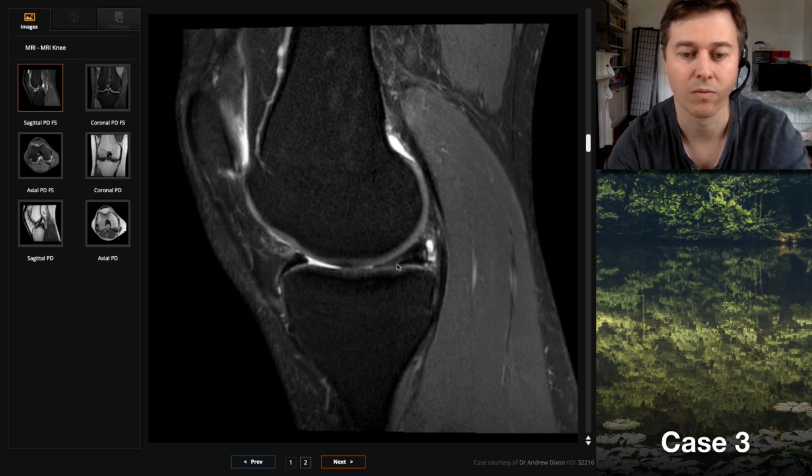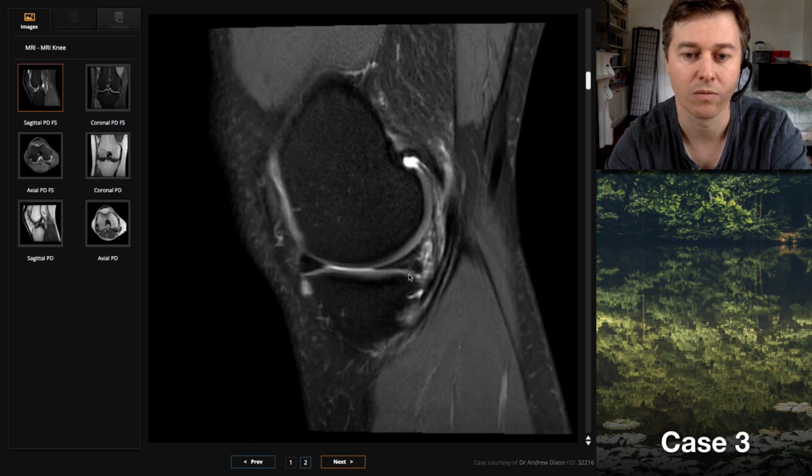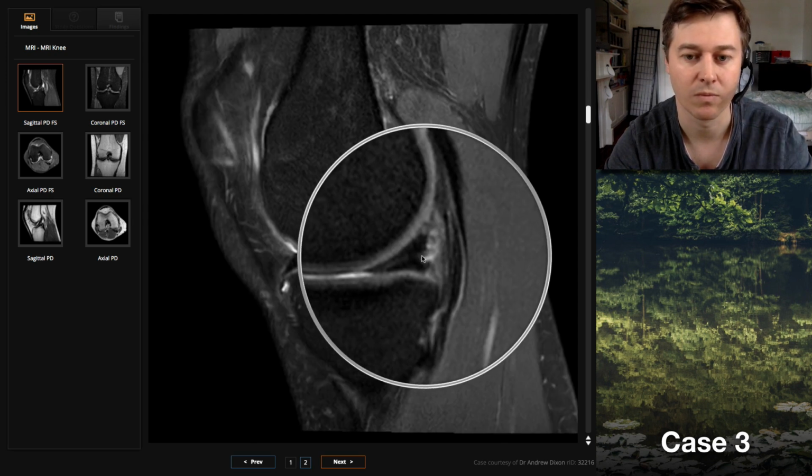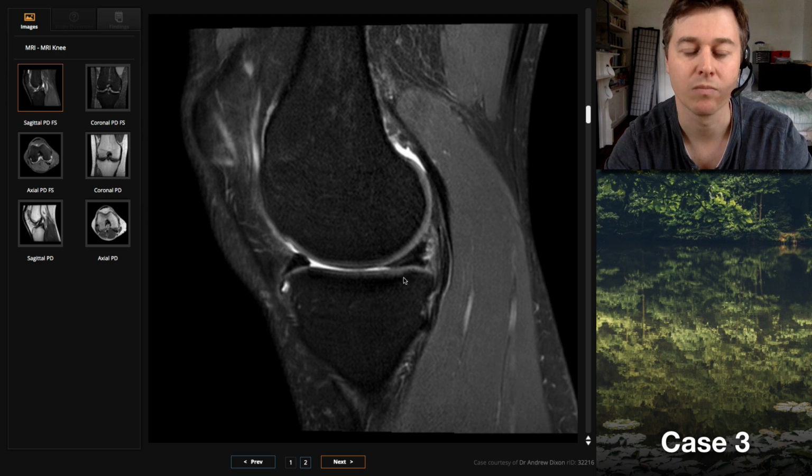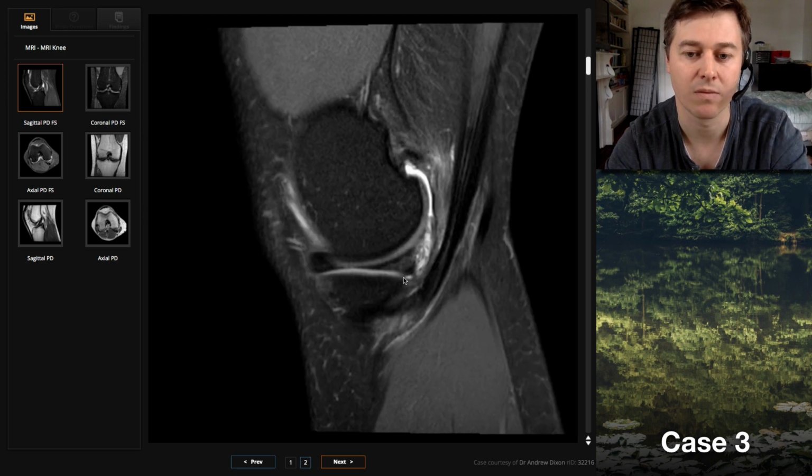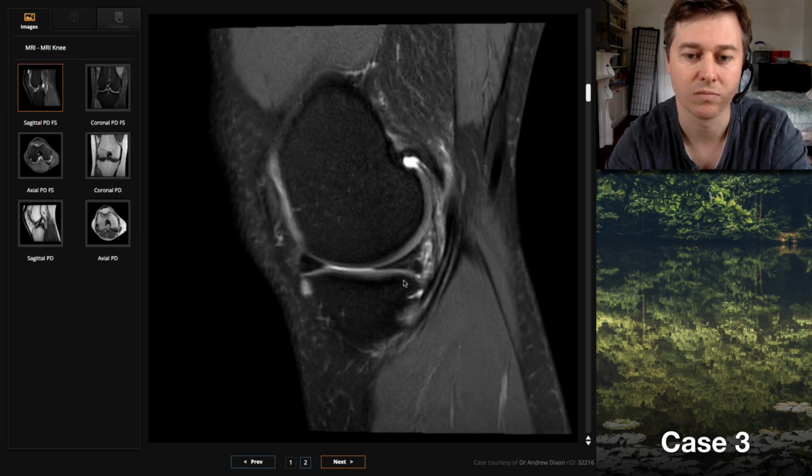And then there's that oblique sort of high signal tracking through that posterior horn. It's very ill-defined. It's tracking down to the inferior articular surface.